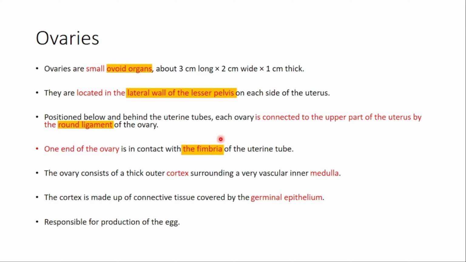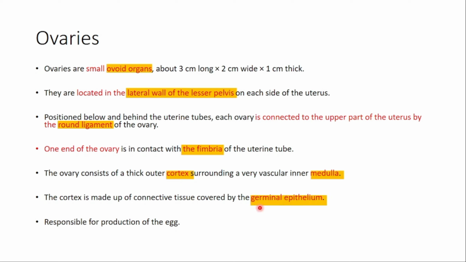The ovary consists of a thick outer cortex that surrounds an inner vascular medulla, and the cortex is made up of a connective tissue covered by the germinal epithelium.